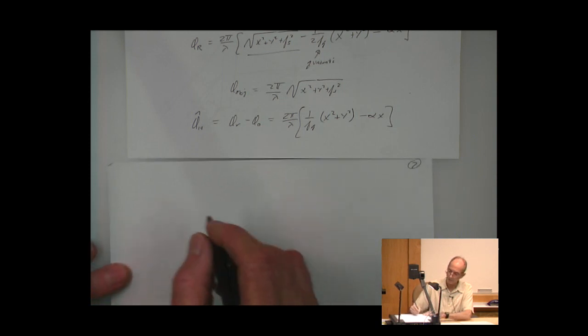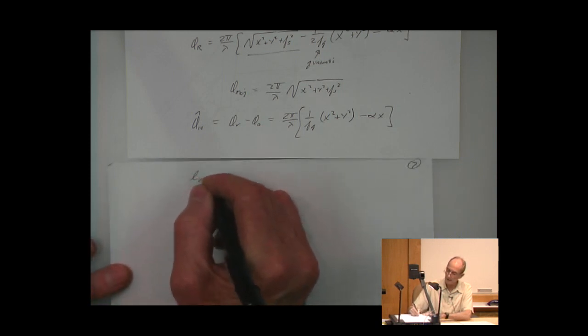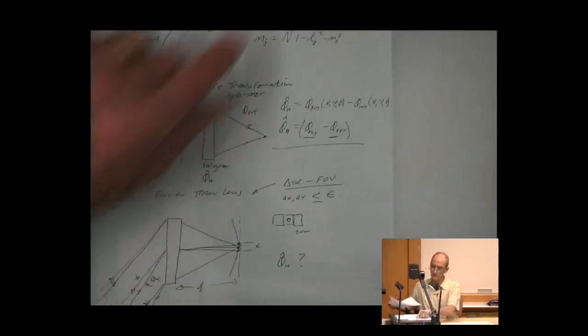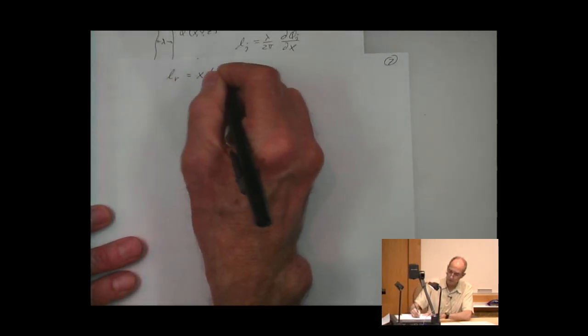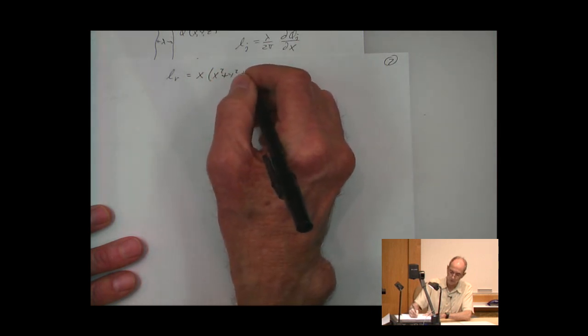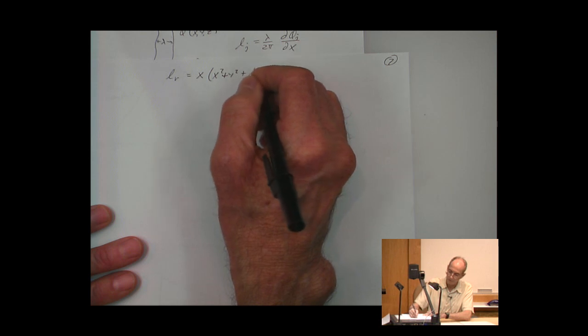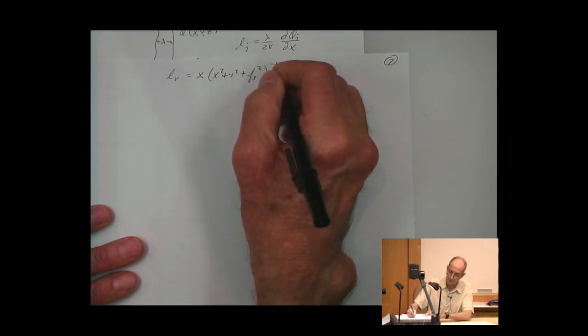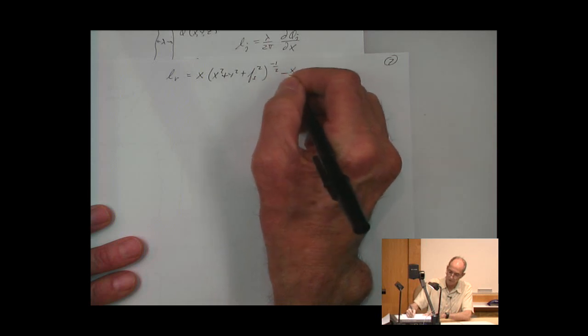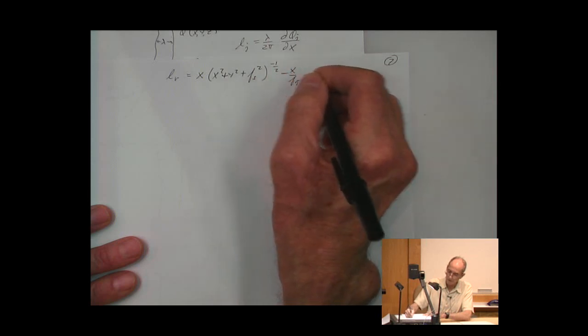For instance, now the LR that we had, as I mentioned here, if we take the derivative of this phase function with respect to x, we're going to end up with x times x squared plus y squared plus fs squared to the minus 1/2, minus x over fq, minus alpha.